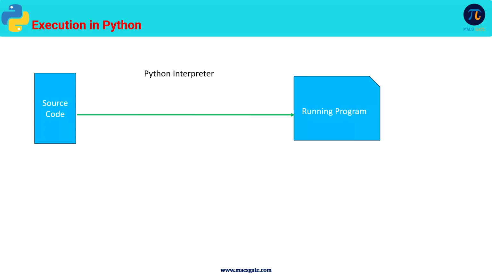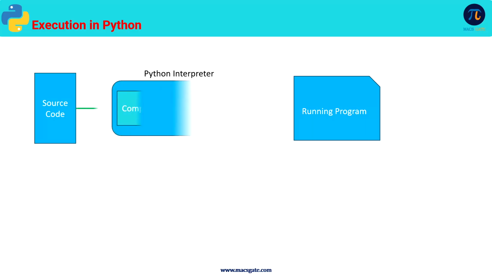See here, the Python interpreter takes care of both compiling the code to bytecode and executing it. The Python compiler in the Python interpreter reads the source code and translates it to bytecode. So Python source code will have a .py extension, whereas this bytecode will have a .pyc extension.